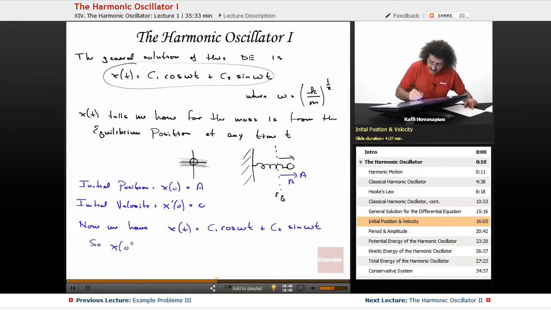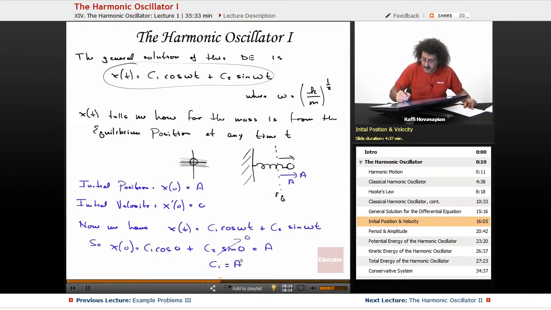So x of 0 is equal to c1 times the cosine of 0, when I put 0 in for t here and here, plus c2 times the sine of 0, and we know that x of 0 is equal to a. Well, the sine of 0 is 0, so that term goes to 0. Cosine of 0 is 1, therefore c1 is equal to a. So we found that coefficient.